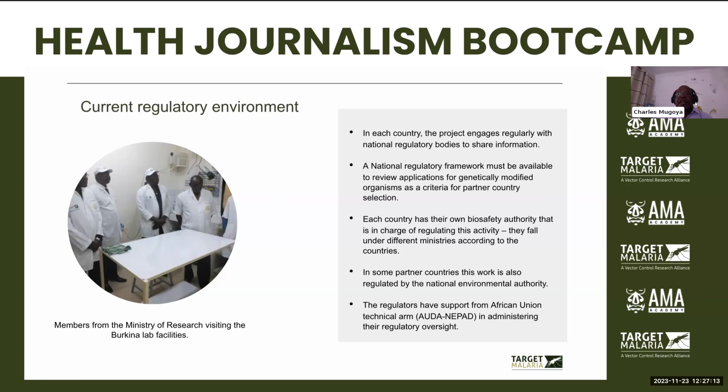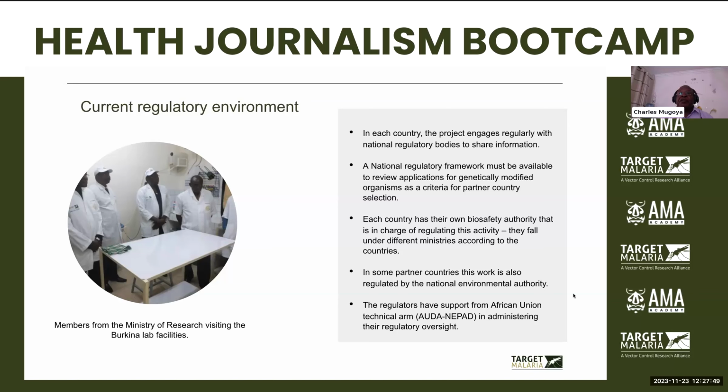So when we go into the country, the first thing that we need to do is to understand what the institutional arrangements are and how the regulation of the technology or the genetically modified organism is done. And then we don't work in an insular environment. We also work with the African Union, which is the technical arm of the African Union NEPAD organization, in administering the regulatory oversight over this technology.